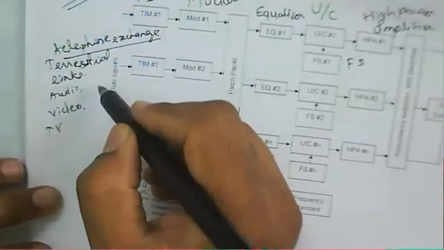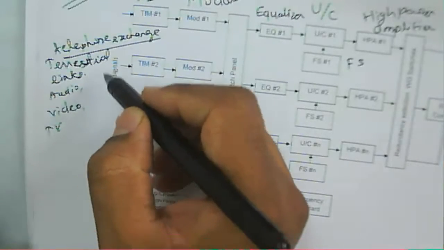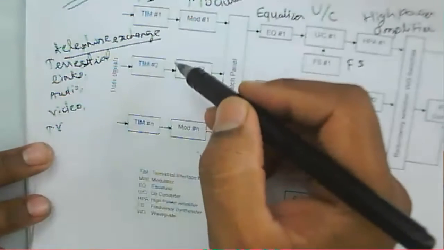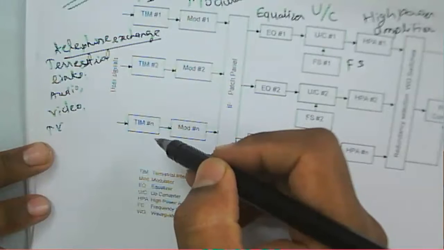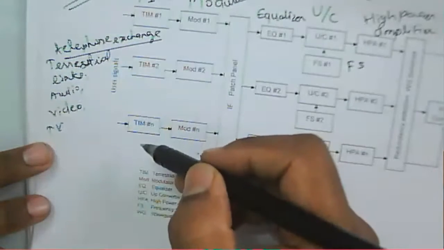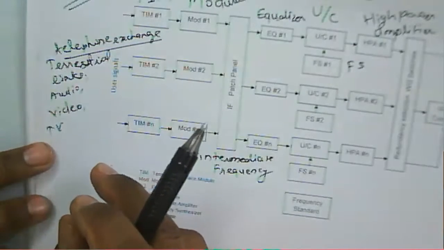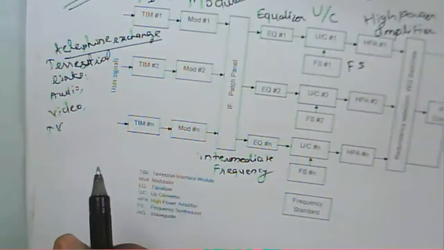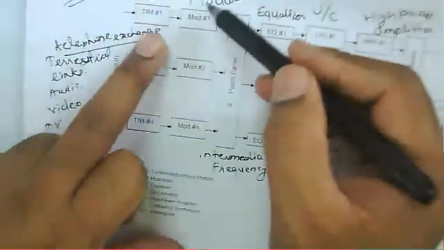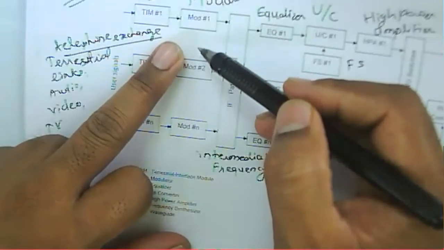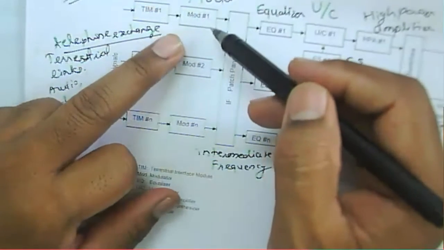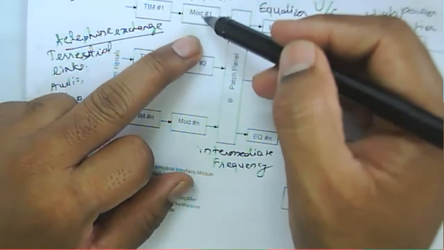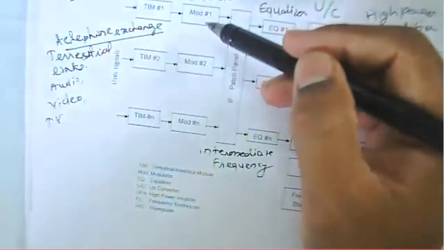So the terrestrial interface module has a multiplexer, or a circuit multiplier, as well as digital speech interpolation equipment. Then the type of modulator here depends upon what type of signal is transmitted on the carrier.